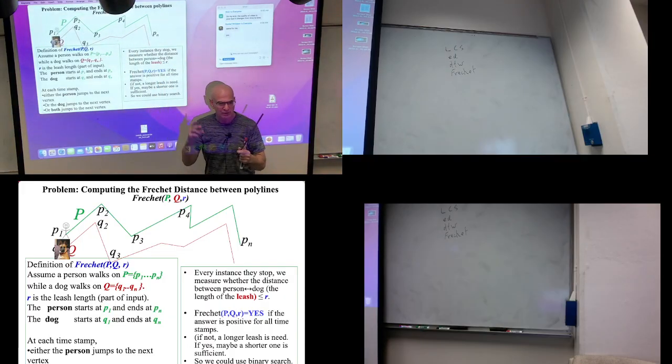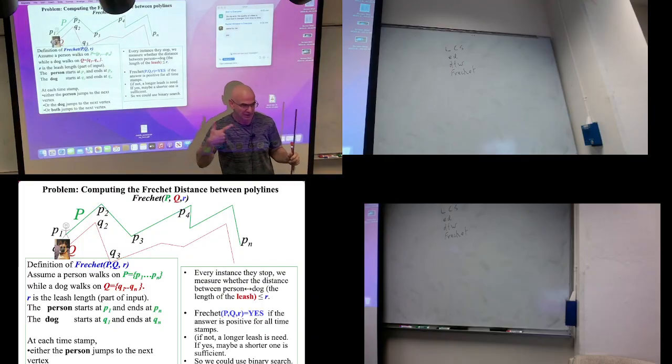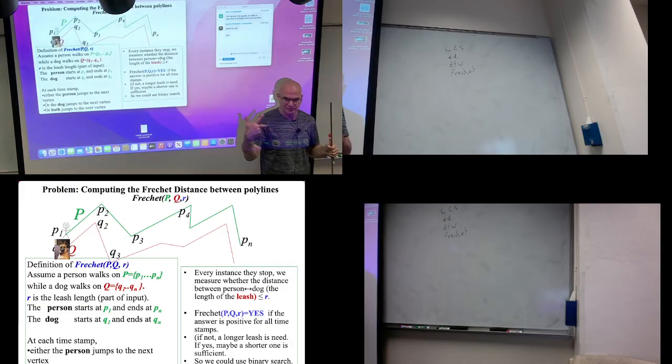Schedule means at which time step which one of them jumps. At each time step they have the option of either staying still or jumping to the next vertex. In general, they have the option of either jumping together, or only the dog jumps, or only the person jumps, and we want to find the best schedule.